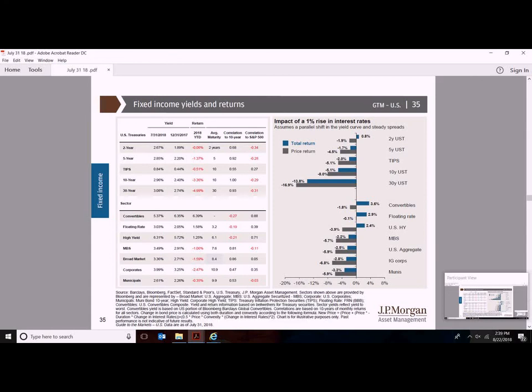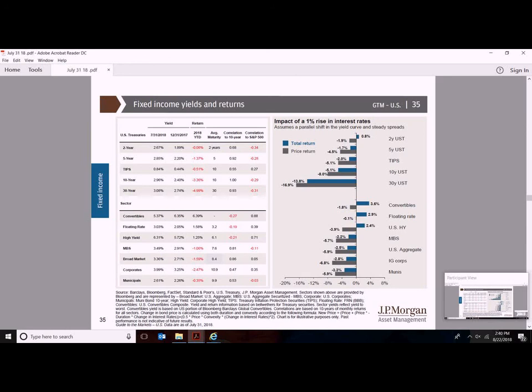On the corporate side, we've got convertibles, floating rate, U.S. high yield, mortgage-backed securities. There's the U.S. aggregate bond rate, investment-grade corporates, and munis. So we've shied away from these types of bonds, trying to not have too much of our client money invested.